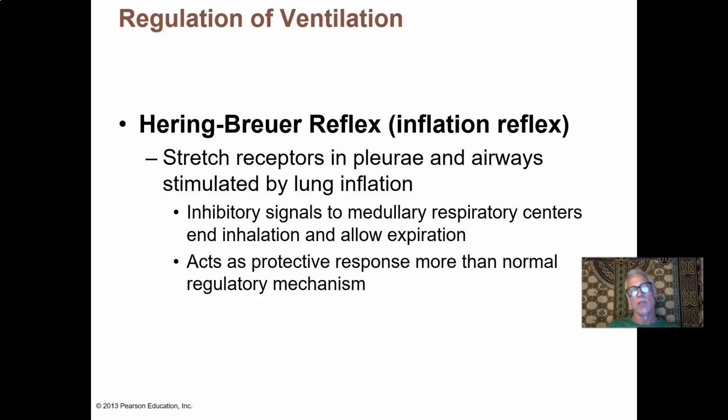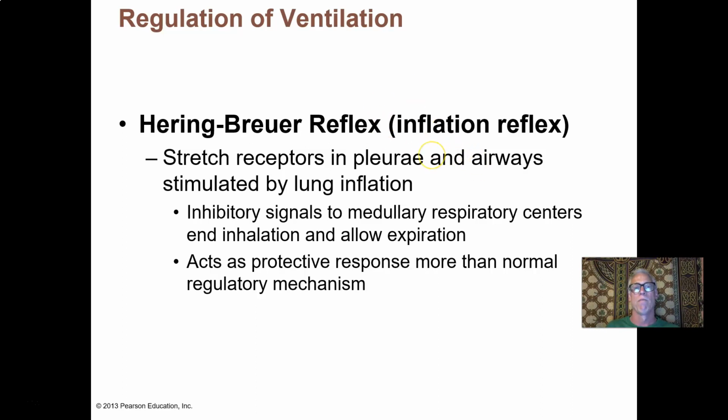So it's a stopgap to prevent excessive expansion of the lungs, of the thorax. So we're going to inhibit some maximal volume of air inspiration and get us back to expiring so we can take the next breath.